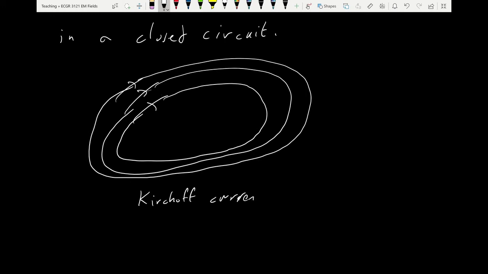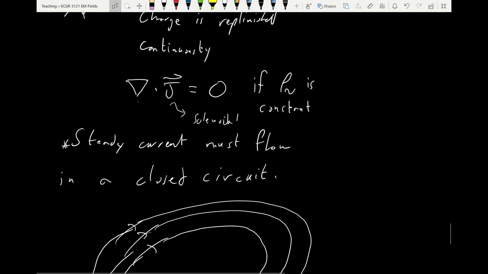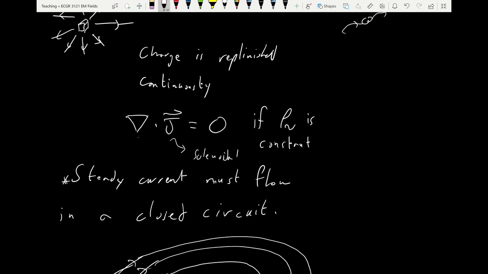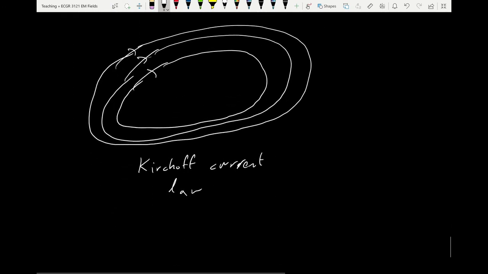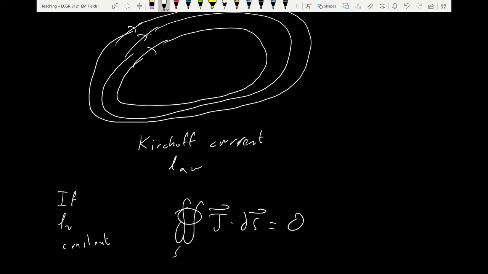This is the root cause of Kirchhoff's current law, right? And Kirchhoff's current law can be observed by taking the integral form of this. So again, if rho v is constant, I can take the surface integral of J dot dS over a closed surface to be 0.